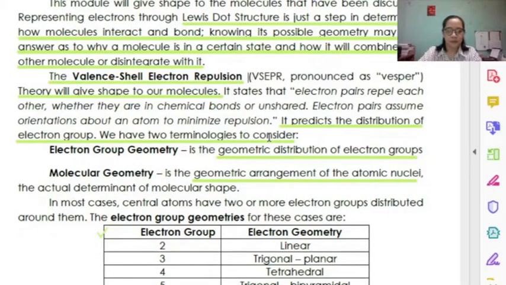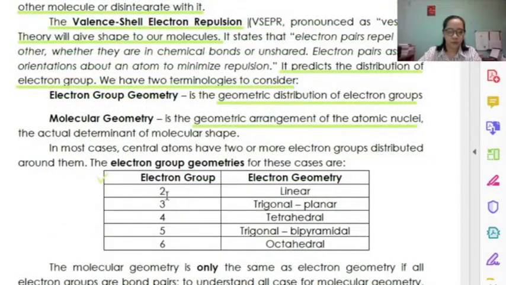In most cases, central atoms have two or more electron groups distributed around them. The electron group geometries for these cases are: for two electron groups, linear; for three electron groups, trigonal planar; for four, tetrahedral; for five, trigonal bipyramidal; and for six, octahedral.